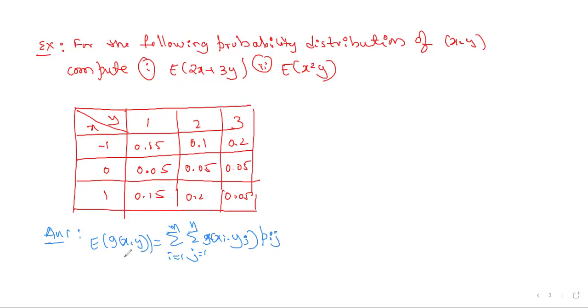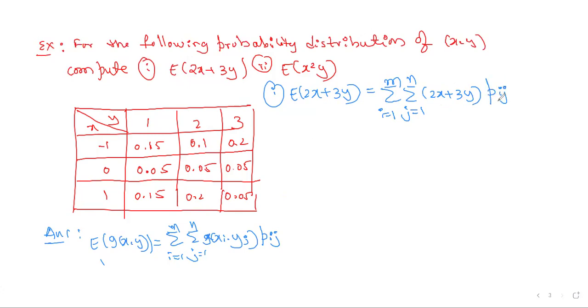So here, instead of g of xy, what do we have? First one, the expected value of 2x plus 3y. Here g of xy is nothing but 2x plus 3y. So in the formula, instead of g of xy we have 2x plus 3y, then pij. Pij is nothing but the probability at 1 comma 2, probability at 0 comma 1, like that, according to this scenario.